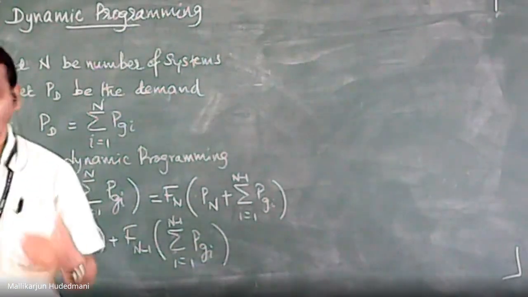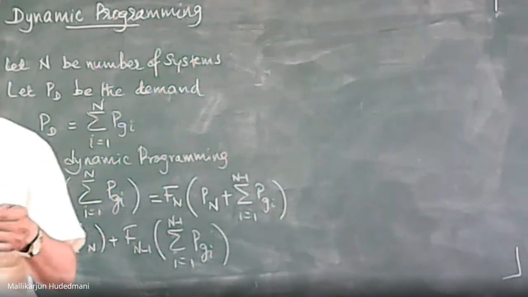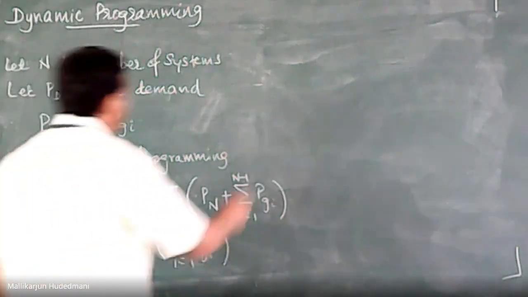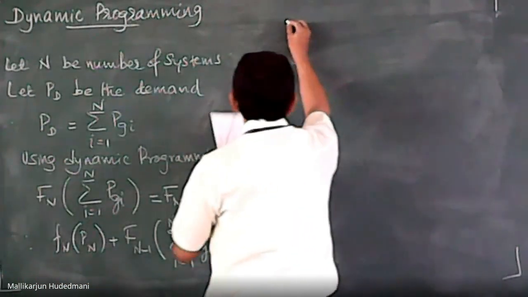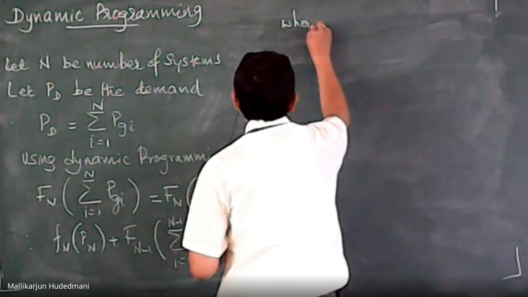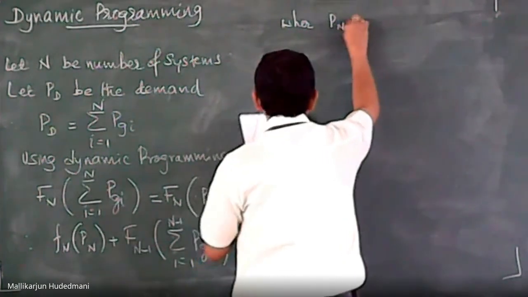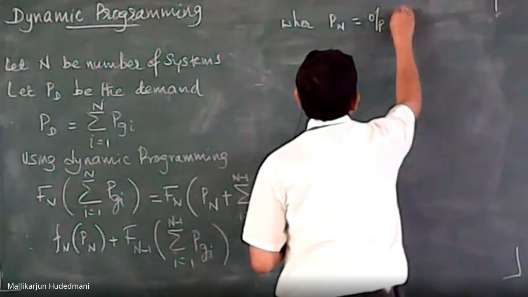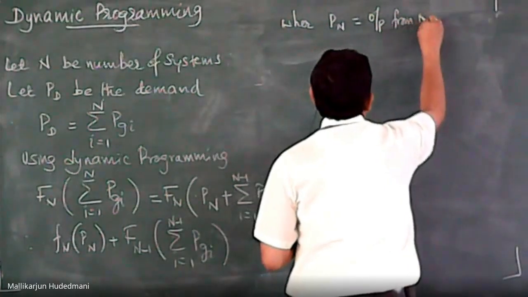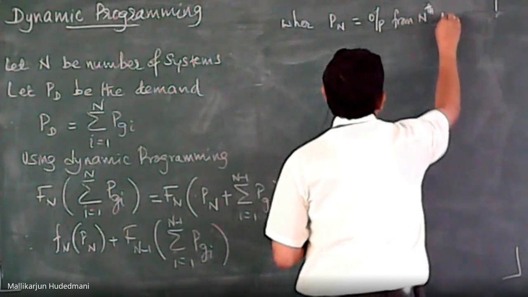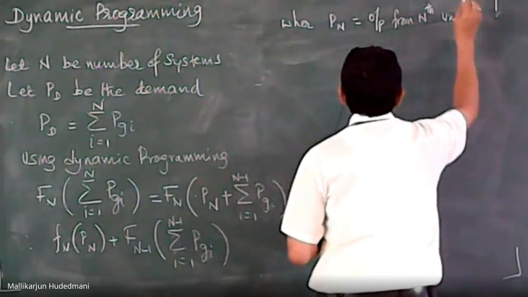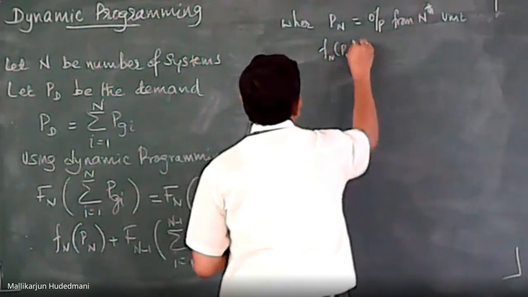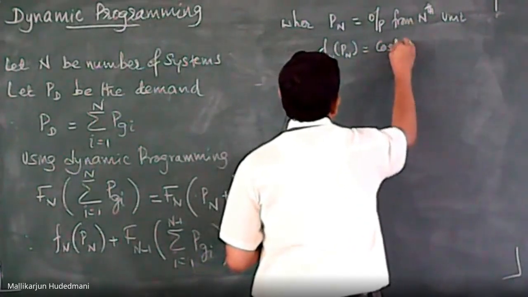I have to pick it up such that if I rewrite it, I can write the other side here, where Pn is equal to the output from the nth unit. Then Fn Pn is the cost of production.